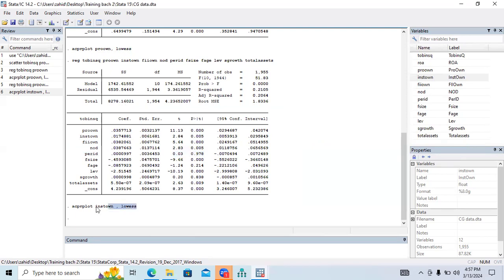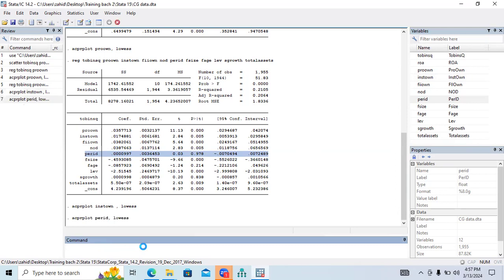Let's suppose I would like to see whether this is indicating a linear relationship or not. So in the regression command, we have observed that PRID is not significant. So let's see whether it is linear or not. So PRID, yes, this one.